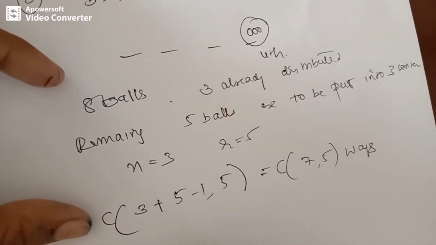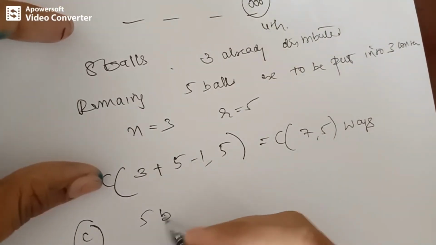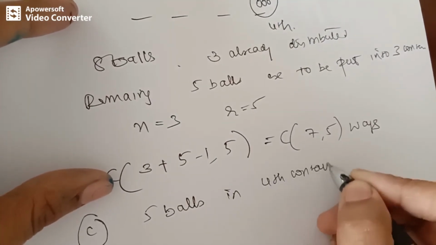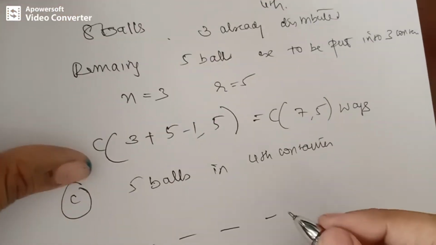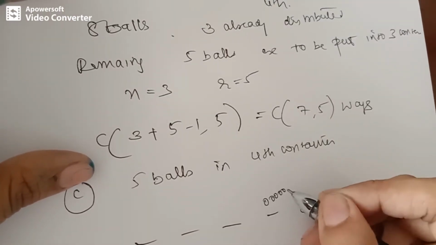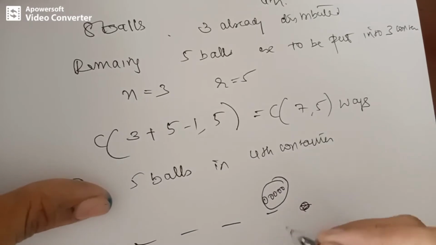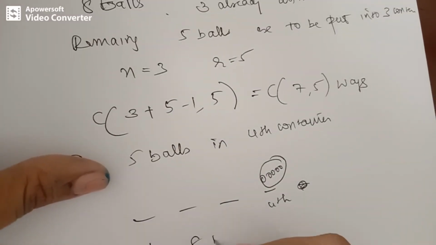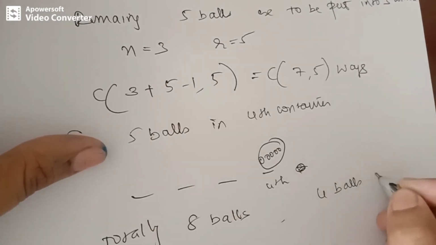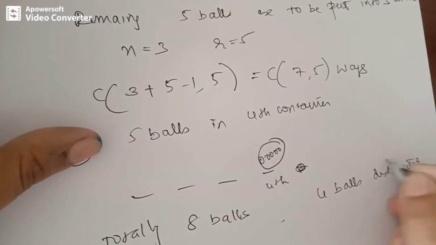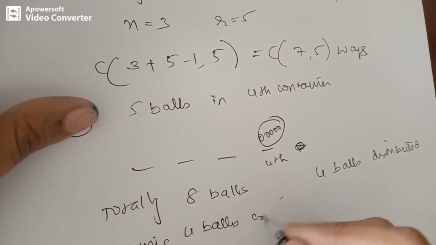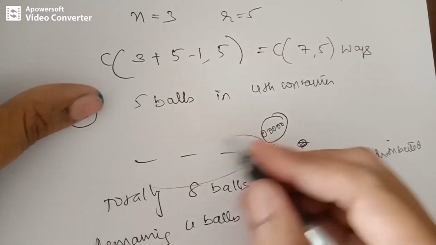And for the third choice, we take 5 balls to be fixed in the 4th container. What happens if 5 balls are put in the 4th container? We are fixing them. We have 8 balls in total, and the remaining balls are to be distributed among those 3 containers.